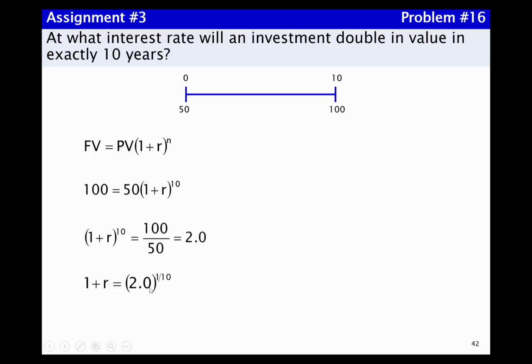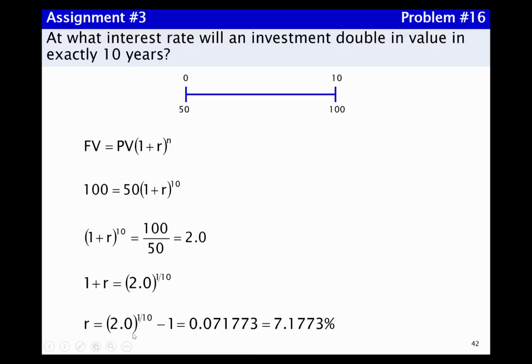On the right hand side we'll have 2 to the 1/10th power. Now we subtract 1 from each side, and you get 0.071773. Got a little carried away there. 0.0718 would have been just fine, or 7.18%.